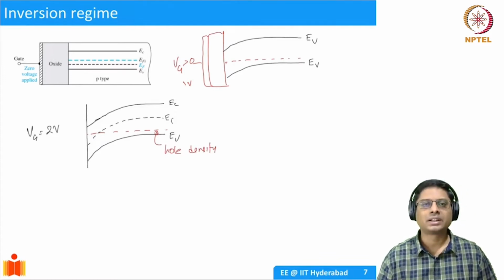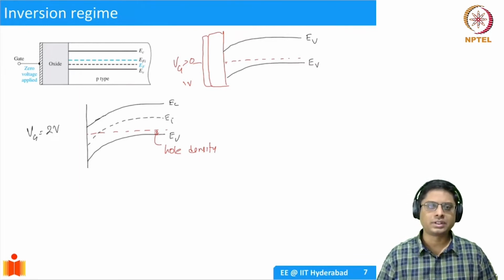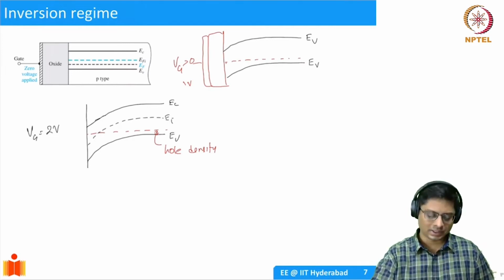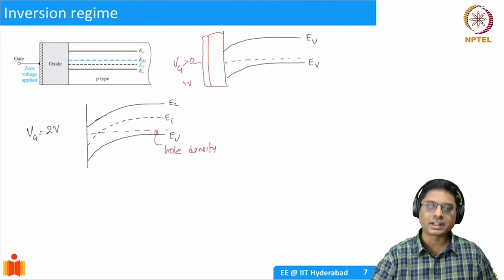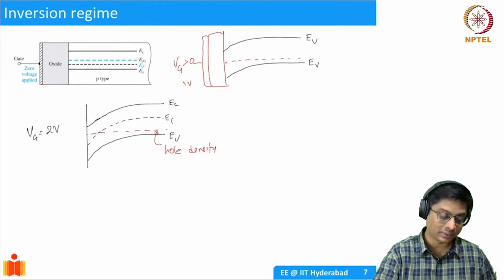By applying a larger voltage, I keep increasing my positive voltage. Once I start increasing, the semiconductor starts depleting, and it will keep depleting so that EF can actually cross EI and then go towards EC. It happens only at the surface, remember.